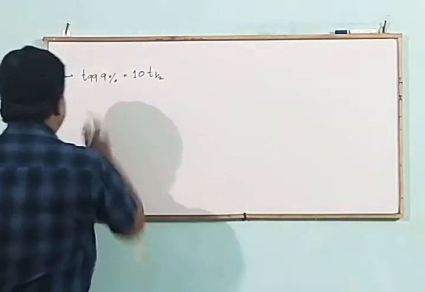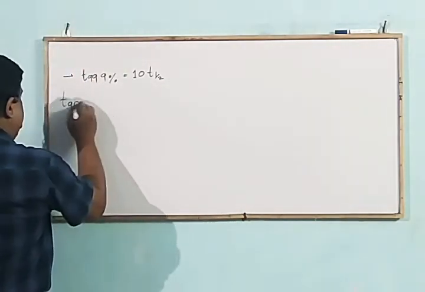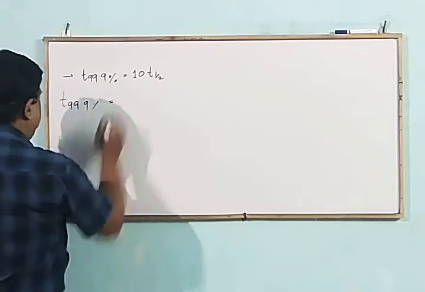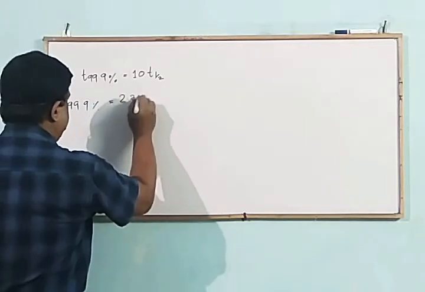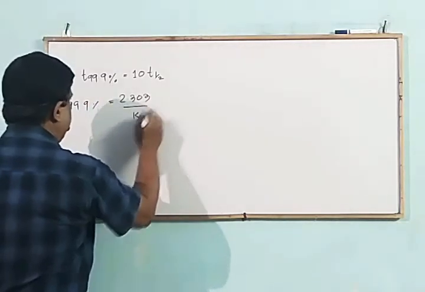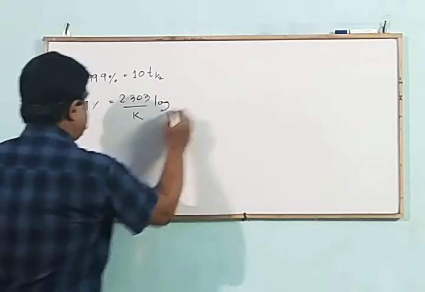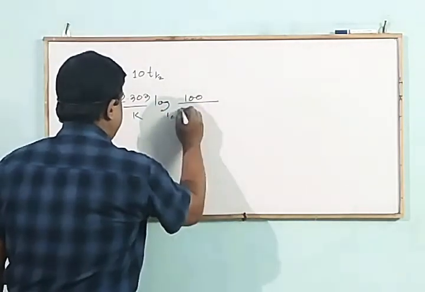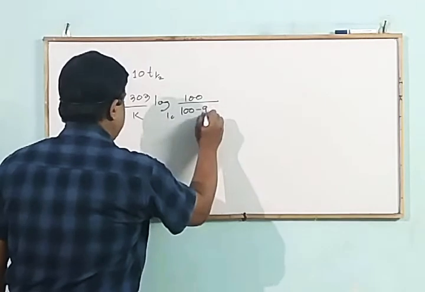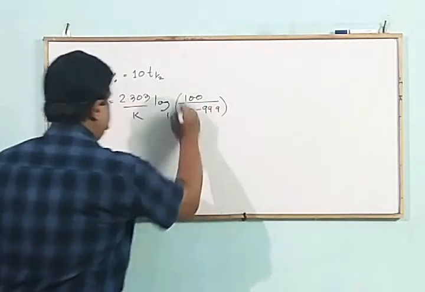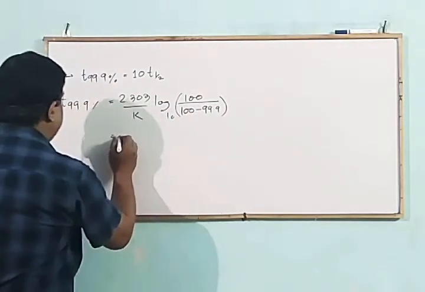First is T 99.9%. By definition, that is 2.303 by K log base 10, initial is 100, 100 minus 99.9.